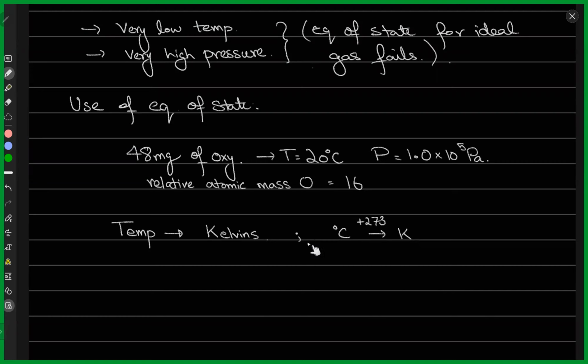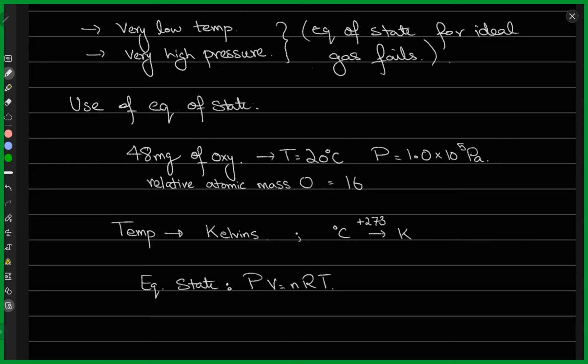Now, let's try to figure out the volume occupied by this gas. How would I do that? What's the first thing that I should be doing at this point? Let's write down the equation of state first of all. The equation of state says that PV is equal to nRT.